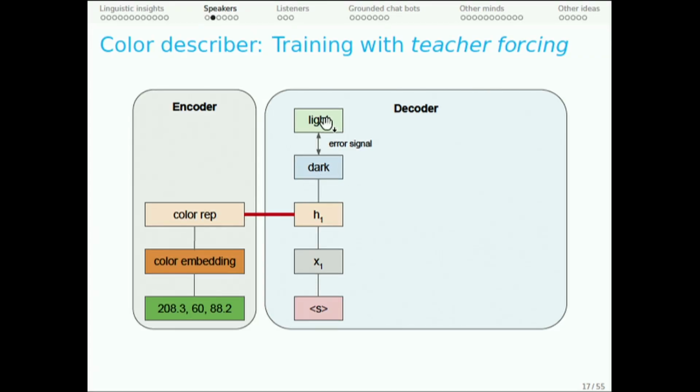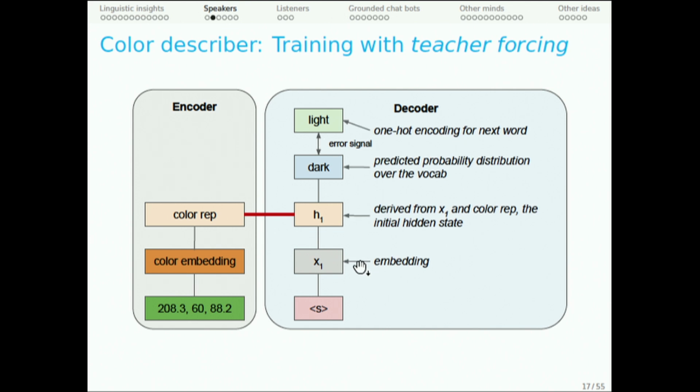That's where you get your error signal. So the truth in the data might be that the first word is light, for this color that we're describing down here. That's a one-hot encoded vector, and you get a standard kind of error signal there. Here's a summary: embedding, derived representation coming from these, predicts a distribution, maybe with a softmax classifier, and that gives you your error signal here.